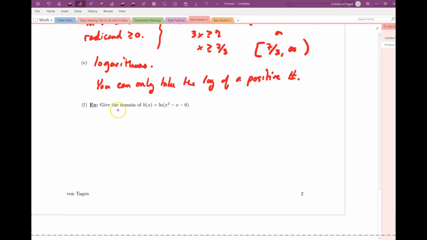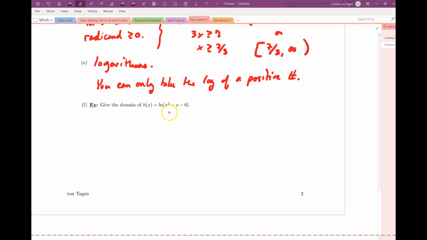So let's go ahead and look at example f then. Give the domain of this function h of x, which is the natural log of, this is all inside the natural log, x squared minus x minus 6. Okay. So obviously we want to make sure that what we plug in for x results in a positive value.